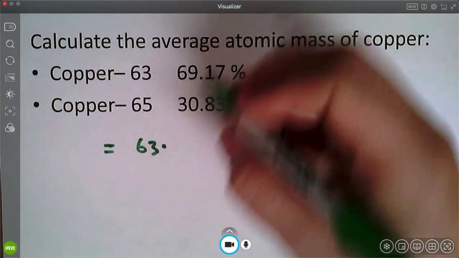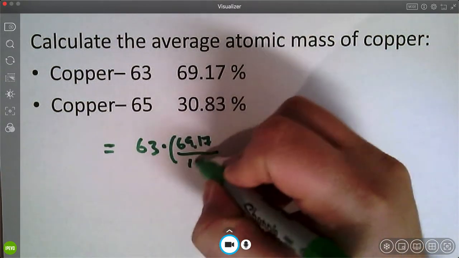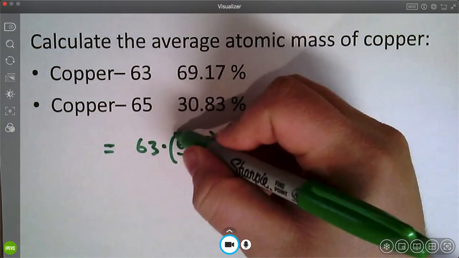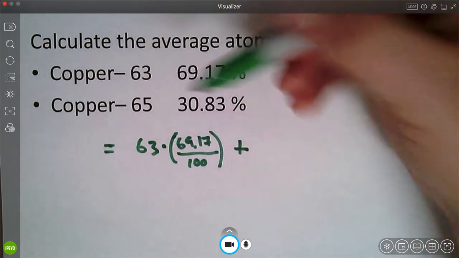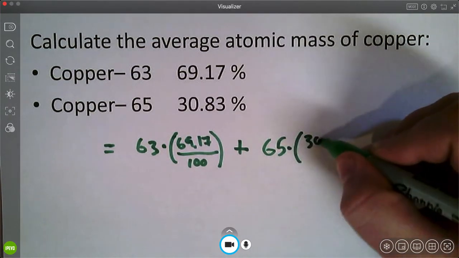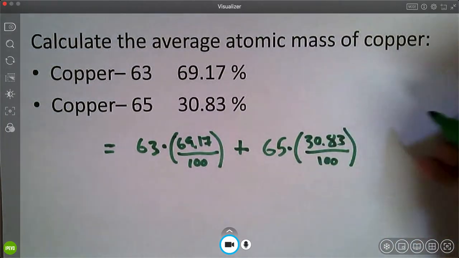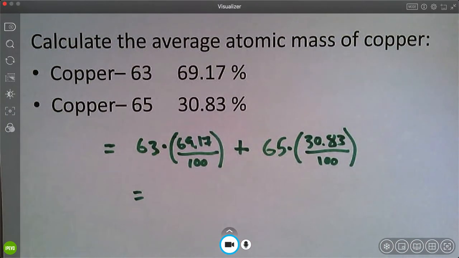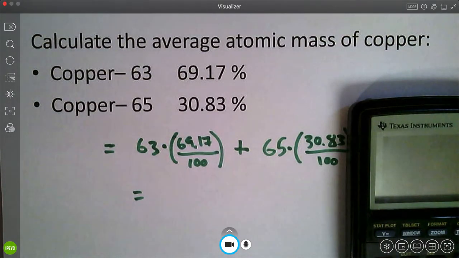So I'm going to take 69.17 over 100, okay, plus, and then I'm going to do the other isotope, 65 this time, so 65 times its percentage, 30.83 over 100, okay, equals, now, first I'm going to simplify this, okay, grab my calculator here, 63 times 69.17 divided by 100.